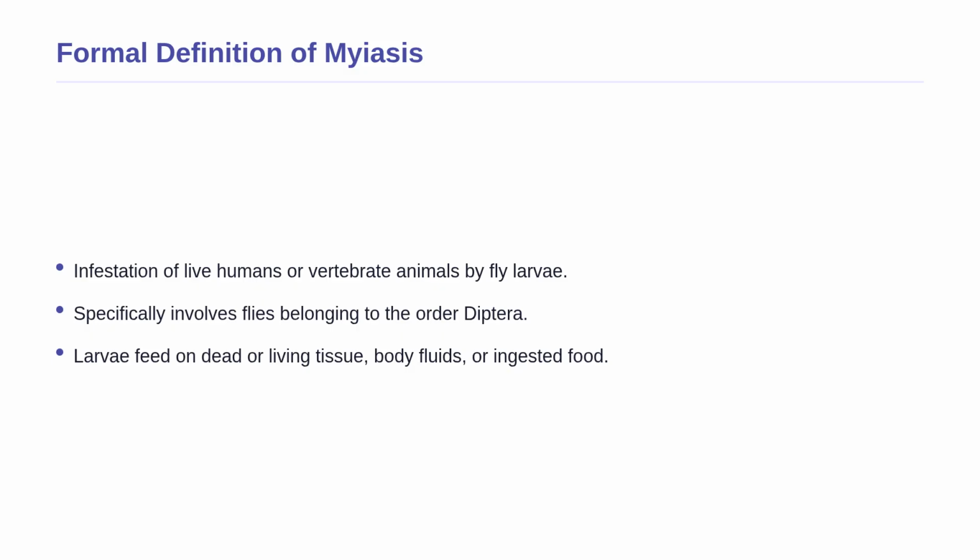During their developmental period, these maggots sustain themselves by feeding on the host. They might consume dead tissue within a wound, actively destroy living tissue, drink liquid body substances, or even steal the host's ingested food. This definition sets the boundary for what we classify as myiasis.